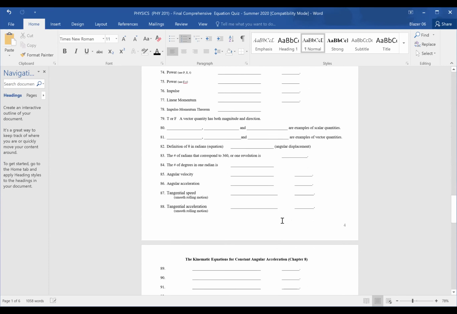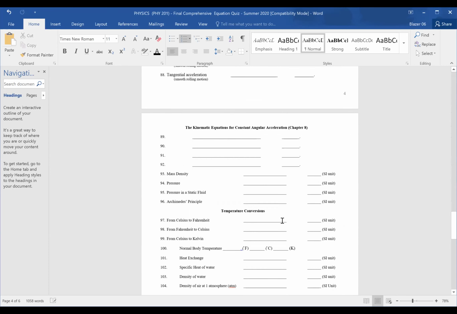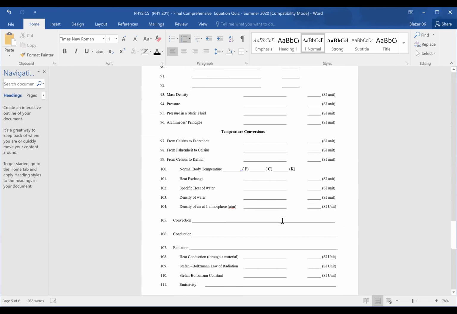And we're going to start with number 105. So 105 is convection.